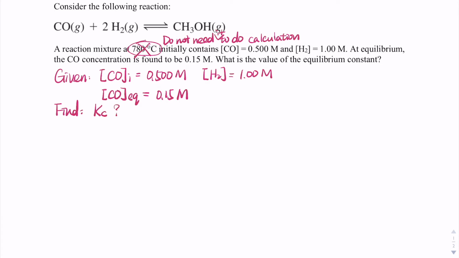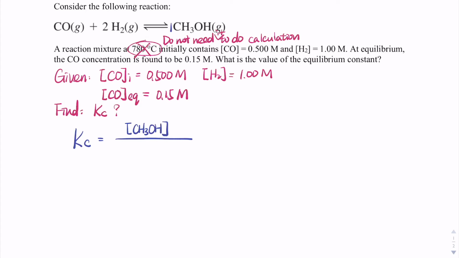Let's start off by expressing the equilibrium constant because that's what we're looking for, and see what we need to calculate that. Kc equals the products raised to the power of their stoichiometric coefficients, so it's CH3OH.